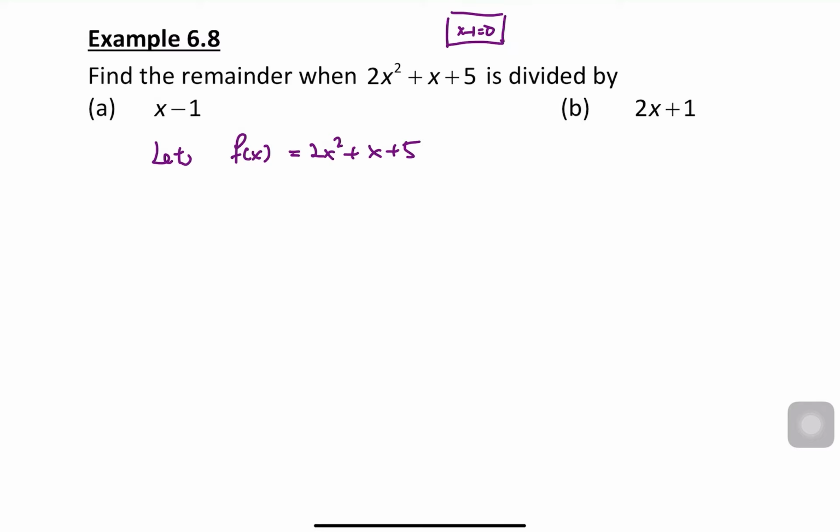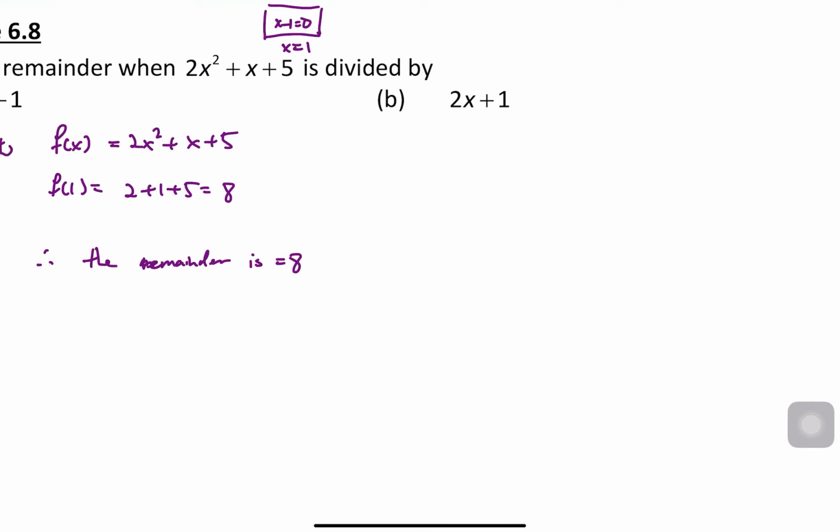Remember this, write down on your worksheet, x is equal to 1. So if x is equal to 1, the divisor is equal to 0, so you can ignore the quotient and keep the remainder. So you can substitute 1, which is equal to 8. So the remainder is equal to 8.